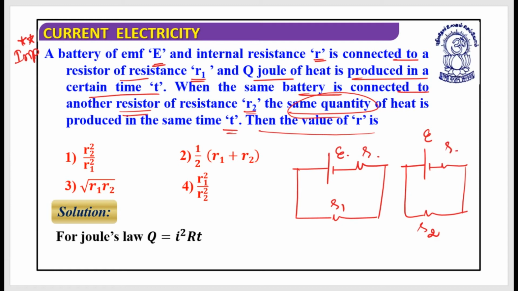This is E and R. As it has been connected through R1 and R2, the same amount of heat, Q joule, is produced in a certain time t. The amount of heat produced, Q, could be written as I square R t. This Q would remain the same for both the first case and the second case.